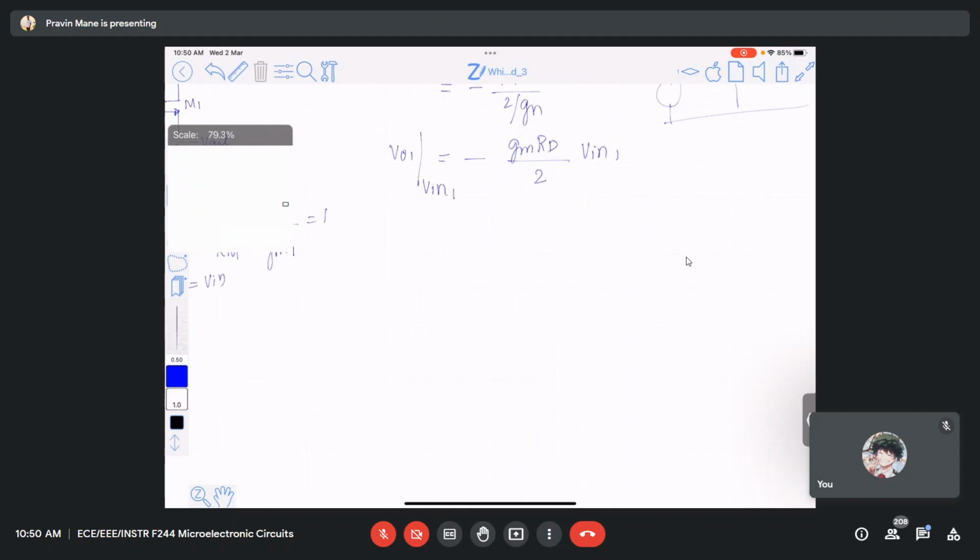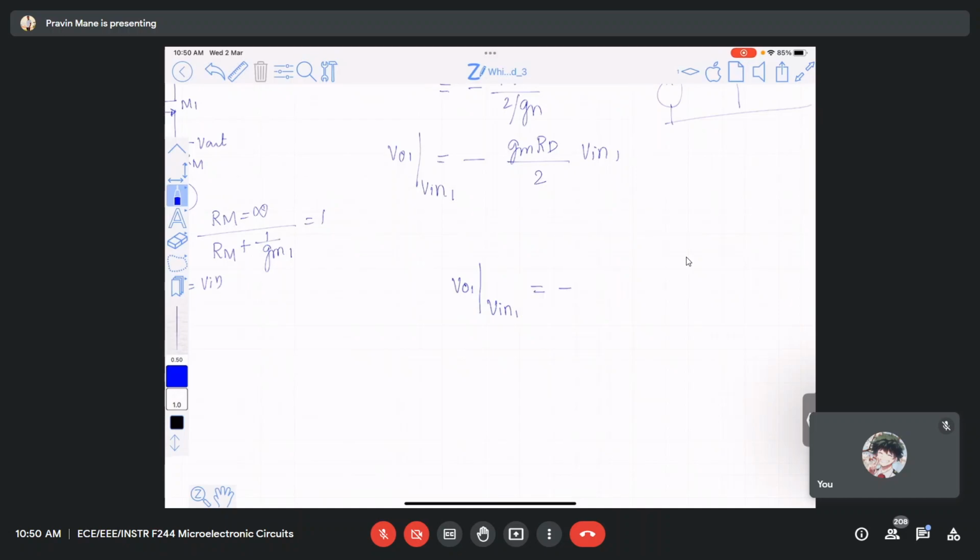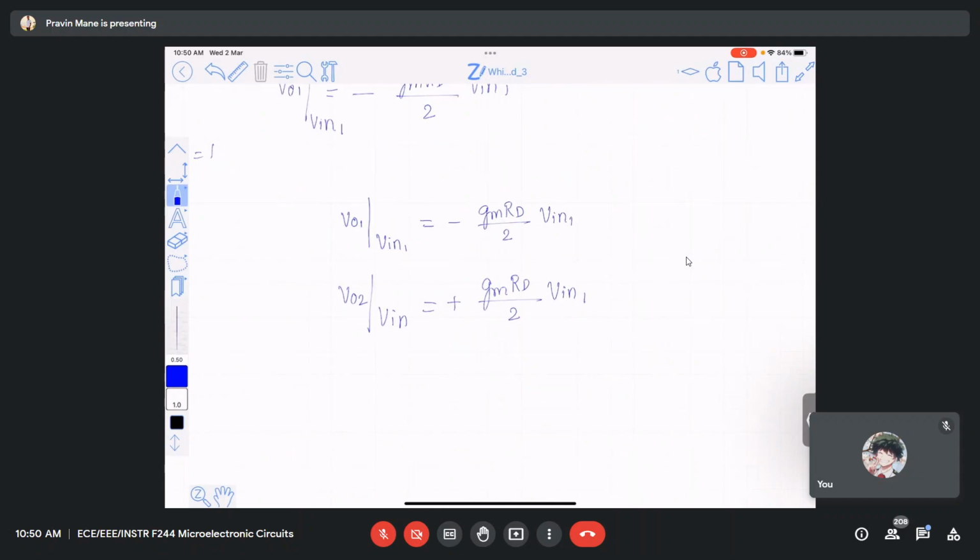So I got VO1 because of V in 1 equal to minus GMRD divided by 2 into V in 1. VO2 because of V in 1 I got as plus GMRD divided by 2 into V in 1. Agree? Yes, sir. Is it correct?